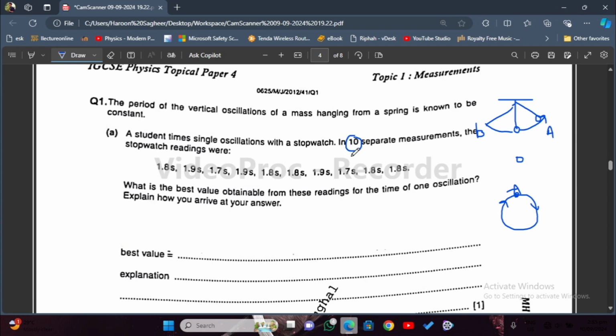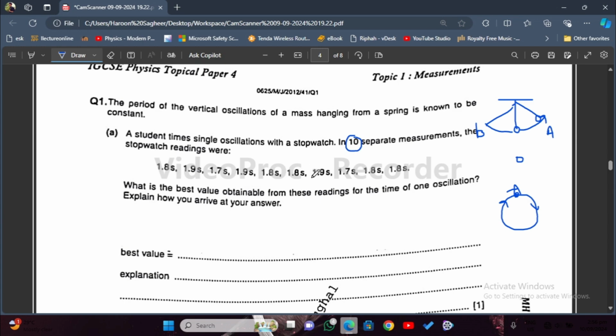For example, since I have a calculator here, I'm gonna write all of these values here. 1.8, which is repeated 5 times, so I'm just gonna multiply it by 5, which is 9. Okay, so 1.9, which is repeated 3 times, is going to be 5.7.